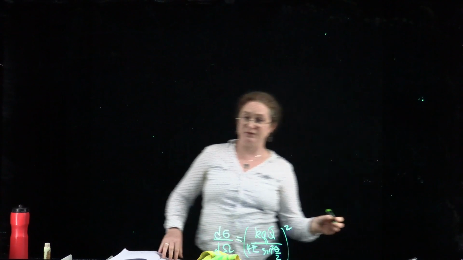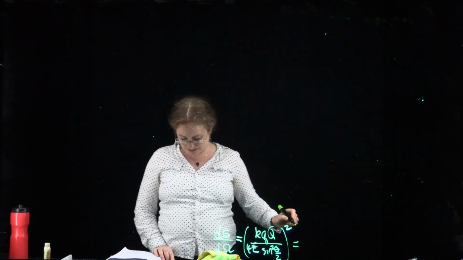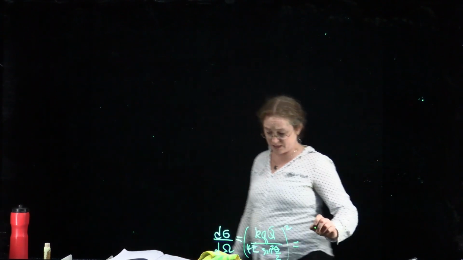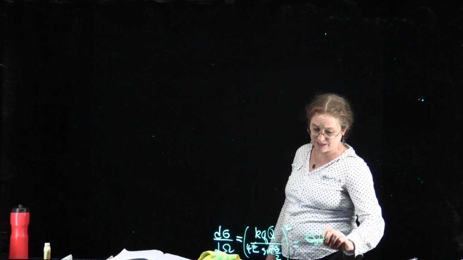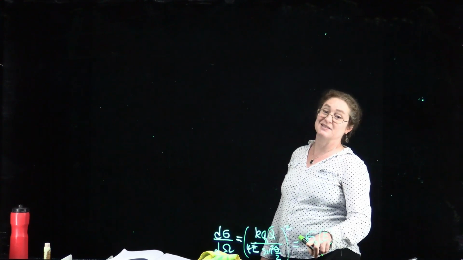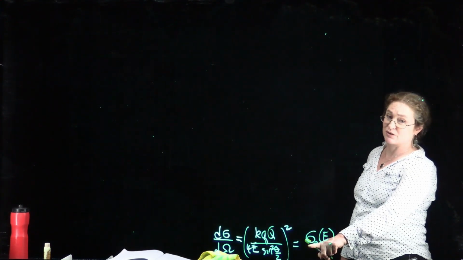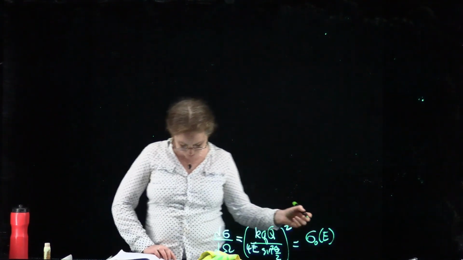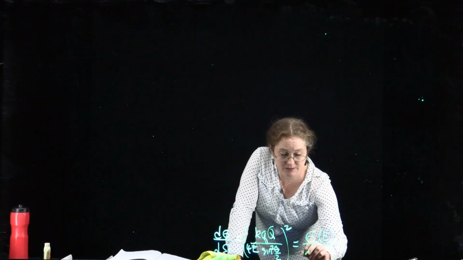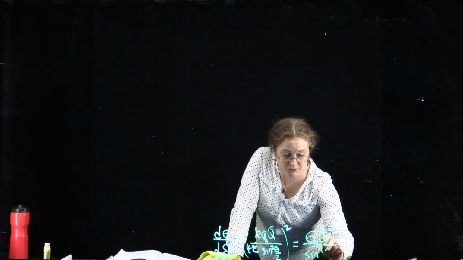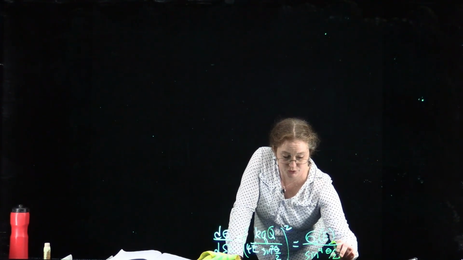I was lazy, I just left it on the bottom, even though that's maybe not the easiest place to see it. You can write this as a component which is energy dependent. This is different from the sigma sub 0 that we had earlier in a problem. And then divided by sine to the 4th of theta over 2.